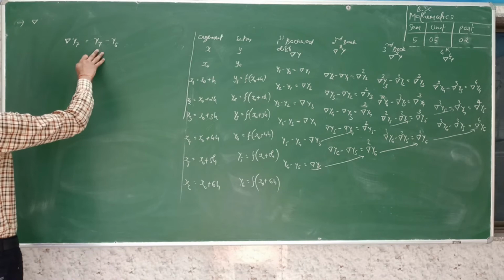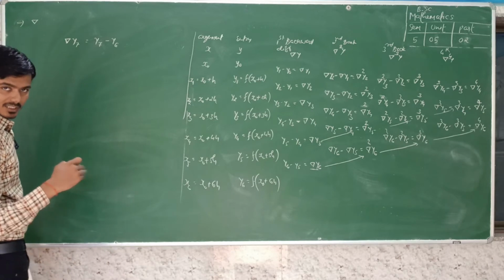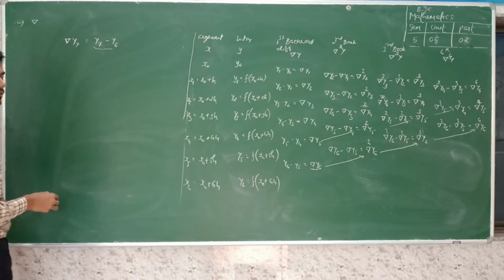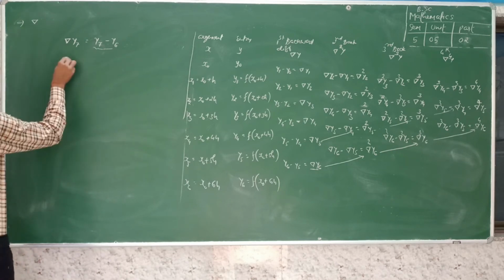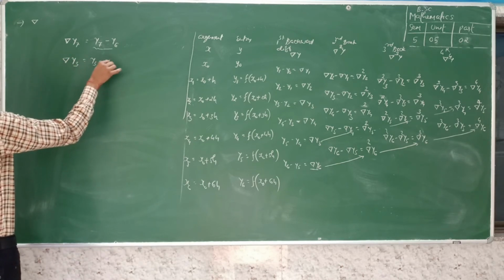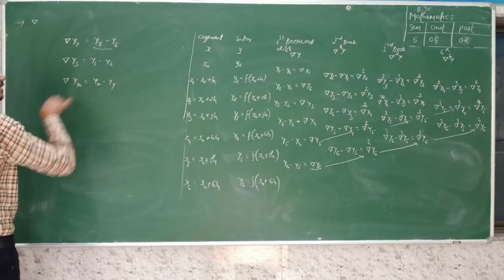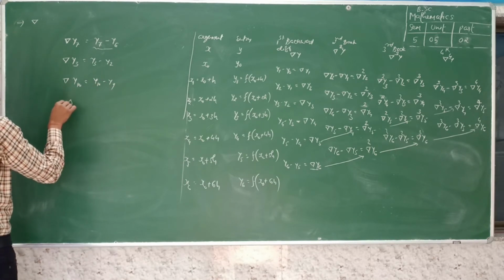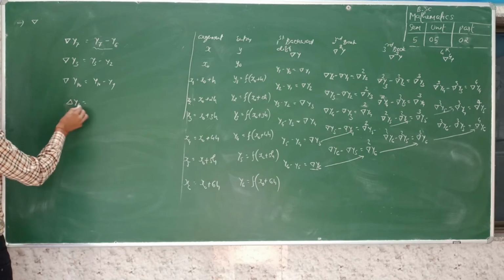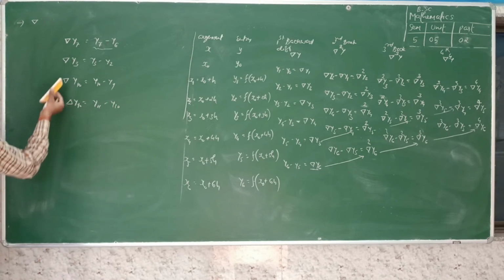In terms of the entries y0, y1, y2 up to yn, we can easily expand any higher-order backward difference. Nabla y3 means y3 minus y2. The first backward difference nabla y10 expands to y10 minus y9. But whenever we ask for delta y10, that means y11 minus y10. Remember this: this is the forward and this is the backward.